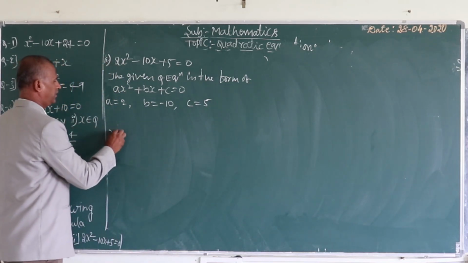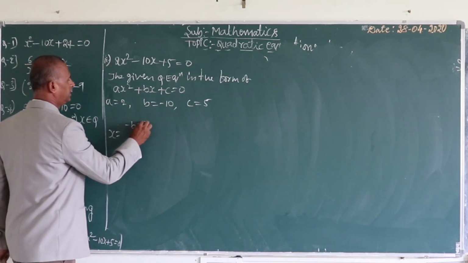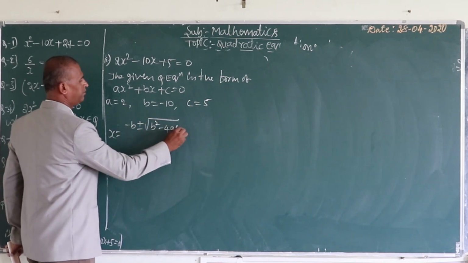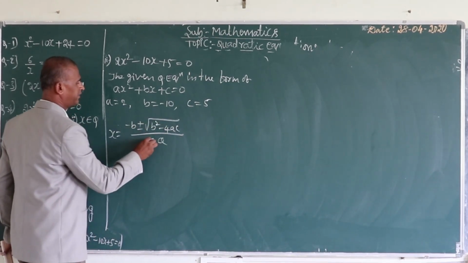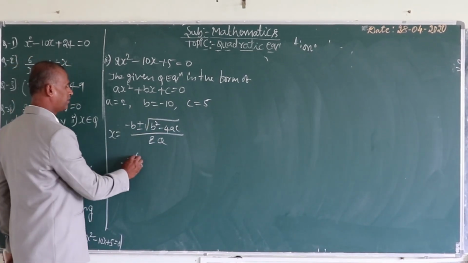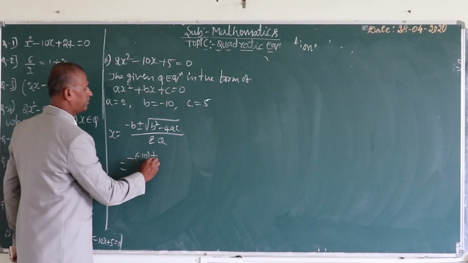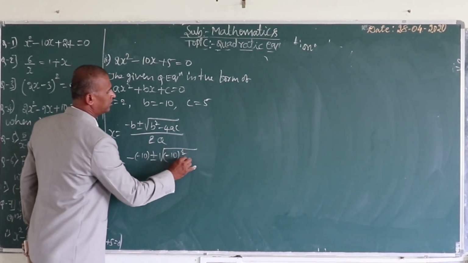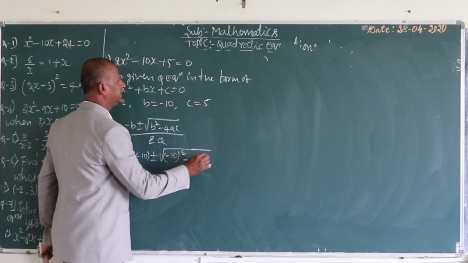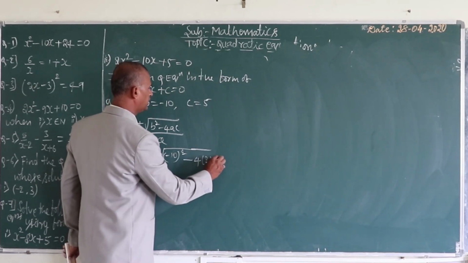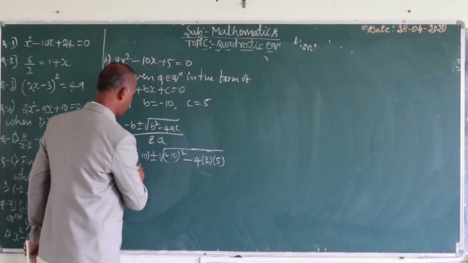Now x is equal to minus b plus or minus root b square minus 4ac by 2a. Now minus b value is 10, plus or minus root of minus 10 whole square, minus 4 into ac. A value is 2, c value is 5.